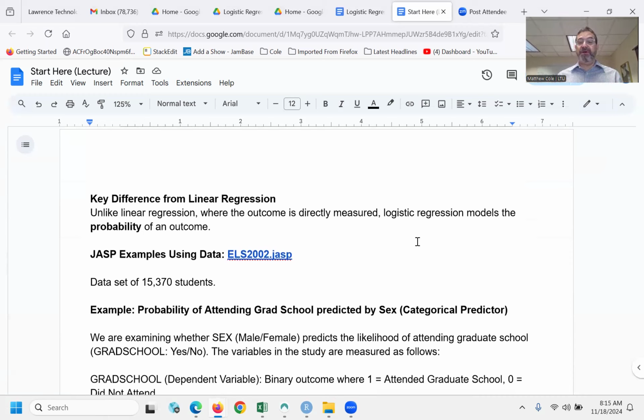In other words, in linear regression, we have all of the scores of the dependent variable in our data set. And what we're doing is we are generating the best fit line that models or regresses the y, the dependent variable, on the independent variable, or the set of independent variables.